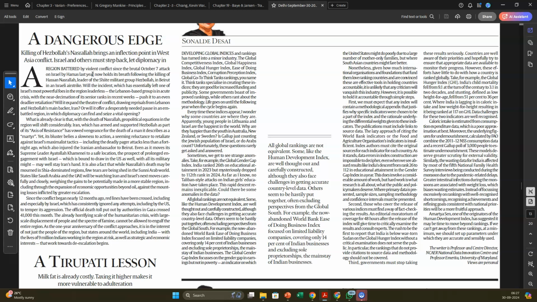And recently, the military leader of Hezbollah, Nasrallah, has been killed. And you should be aware about the fact that all of this is being heralded by a country called Iran.